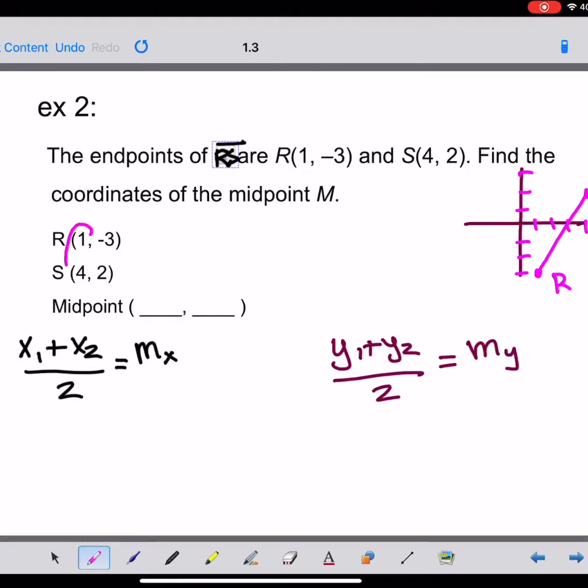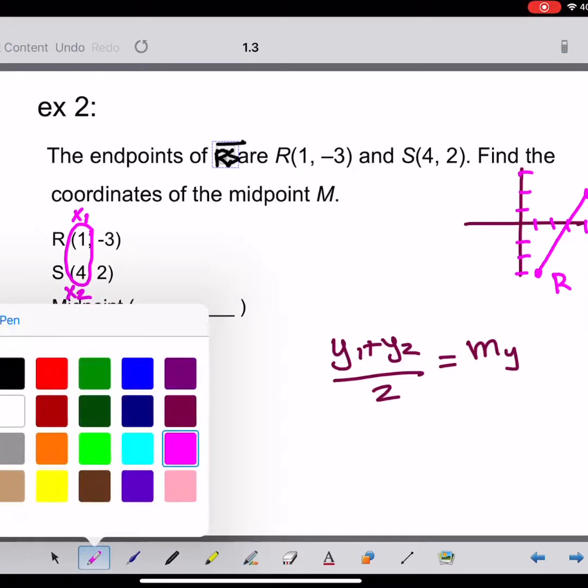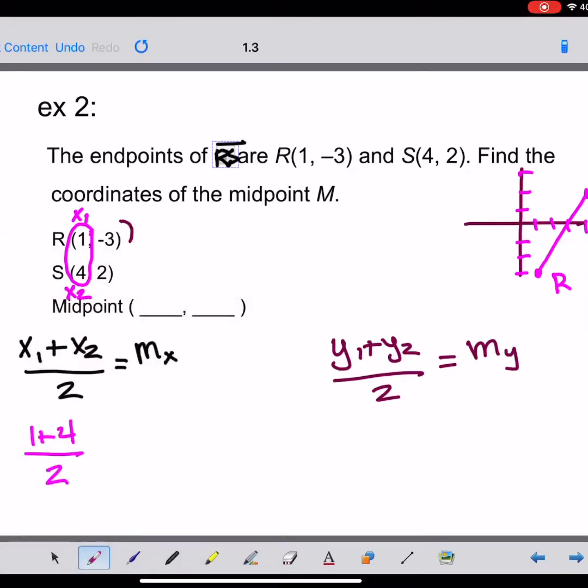I'm going to take my x values, so my x1 and my x2, and add them together and divide by 2 according to the formula. Then I'm going to take my y values, so my y1 and y2, add them together and divide by 2.